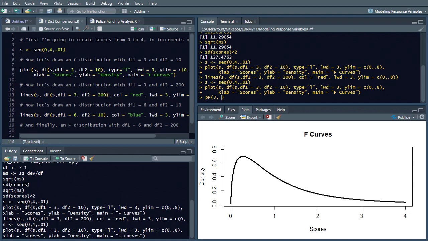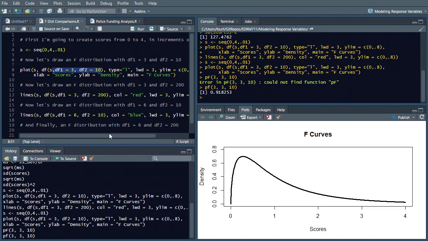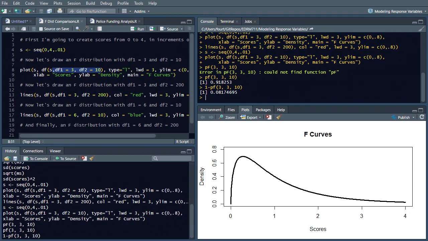Now this one up here, I notice just from my code that I used 3 and 10 degrees of freedom. So if I enter that in, whoops, I capitalized the F and it's not capitalized in R. That tells me that the area up to 3 is 0.92, so the area beyond 3 would be 0.08. So past this 3 is 8% of the area.